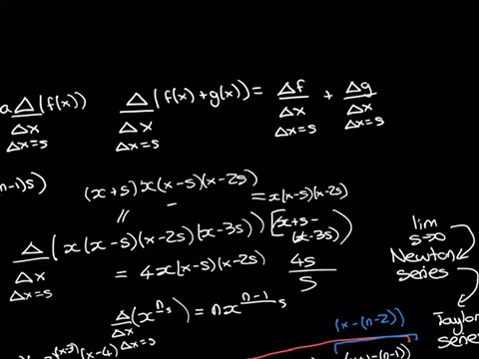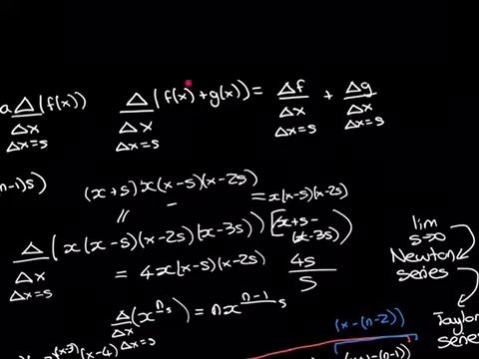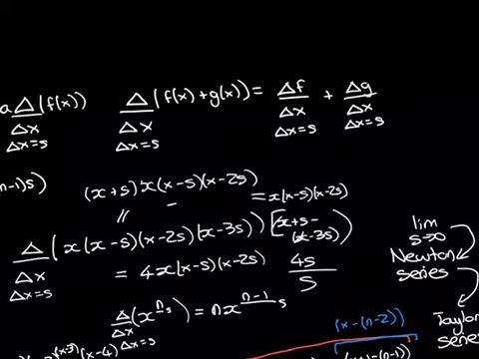Again, that comes straight from the formula. Just plug in, this is our function evaluated at x plus s. It's going to be f of x plus s plus g of x plus s minus the function evaluated at x, which is just f of x plus g of x, all divided by s. You can split that up into these two separate bits.